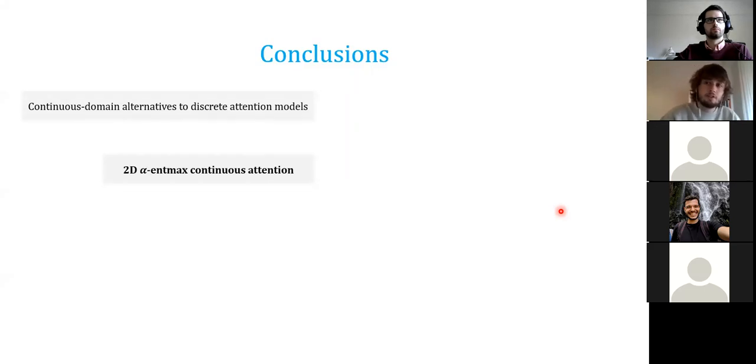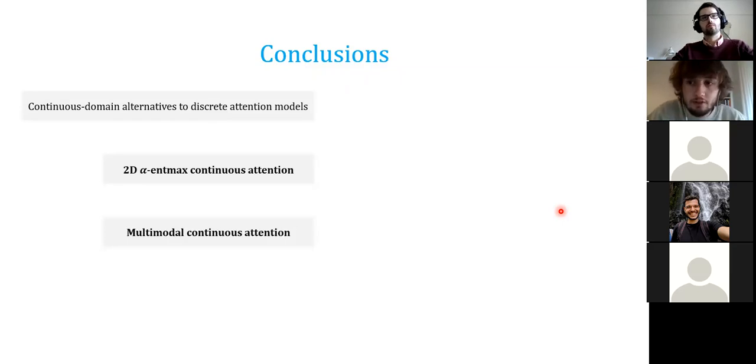So in the first case, the attention density is a Gaussian, and in the second, it corresponds to a truncated paraboloid. And both cases allow us to identify ellipses in images in which both the location and the shape of the ellipse is controlled by the attention mechanism.